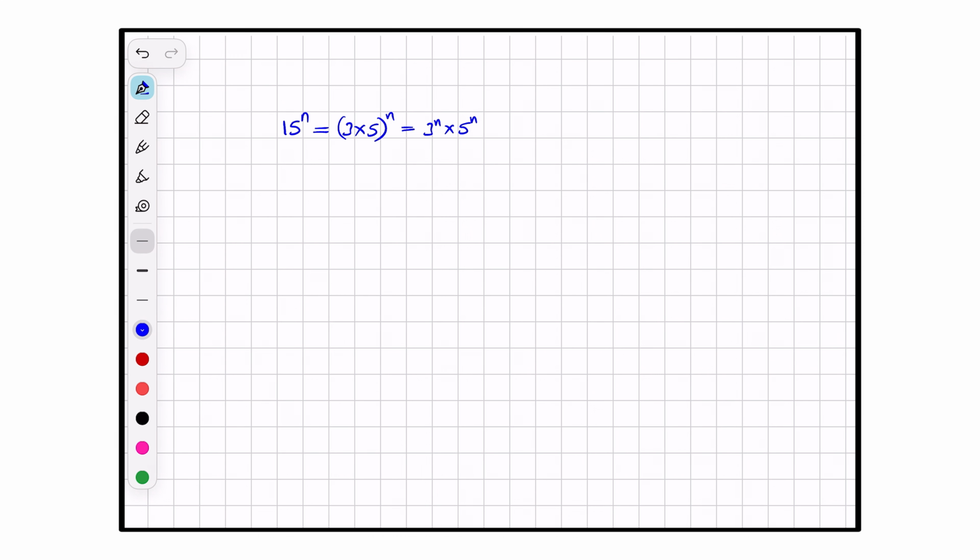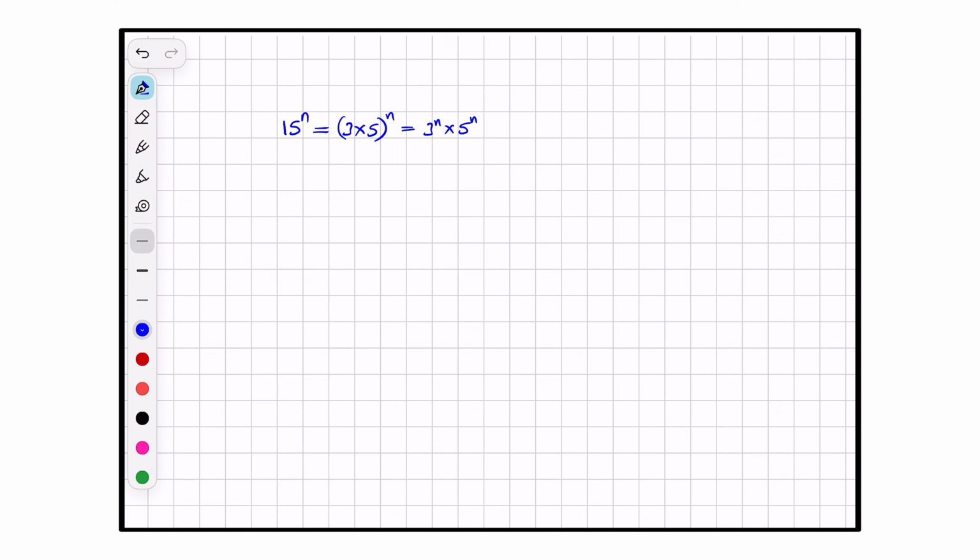Now we have seen similar questions previously. In the textbook there is a problem considering 4 power n, and previously I discussed a problem with 6 power n. Both were asking the same question, that is, will it end with the digit 0?